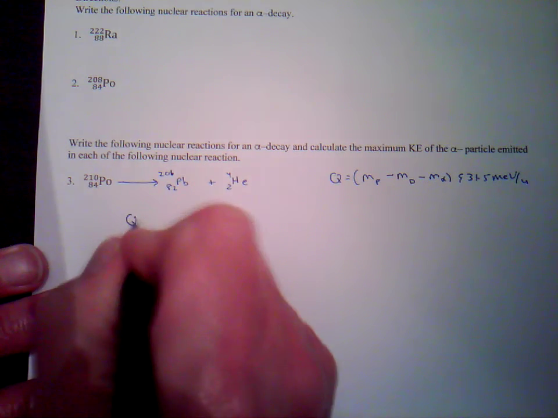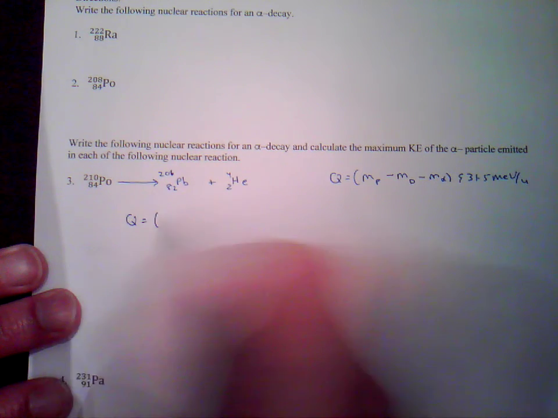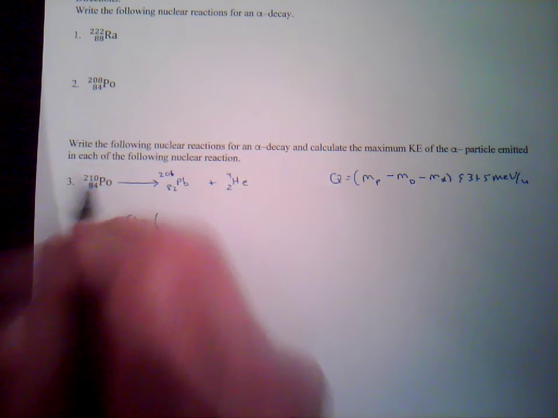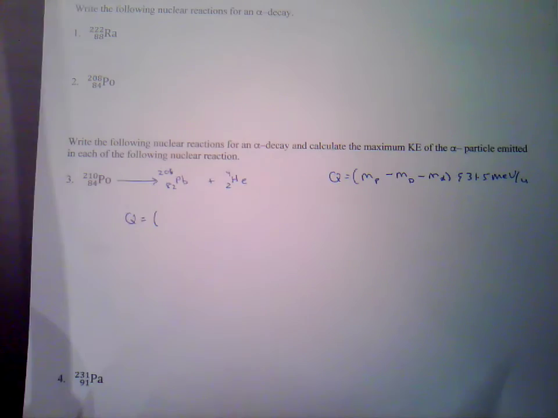So Q is going to be equal to the mass of the parent, which is the mass of this polonium-210. Again, we look it up on this table to get the mass, which includes the mass of electrons.